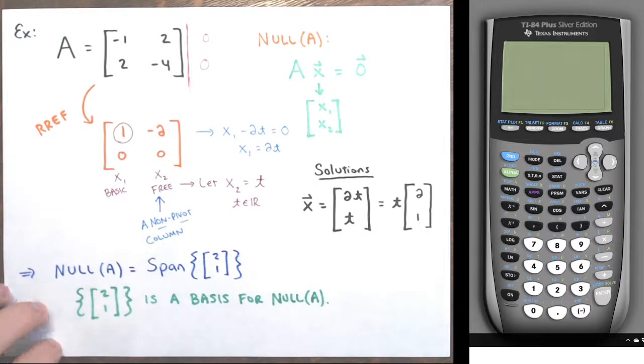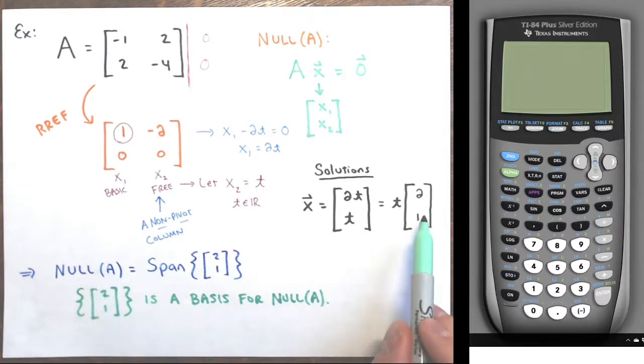All right, and let's double check that. Obviously this set spans the space, because every vector in this space we've seen is a scalar multiple of 2, 1, and it is an independent set of vectors, right? There's only one non-zero vector in here, and any set with one non-zero vector is going to be an independent set.